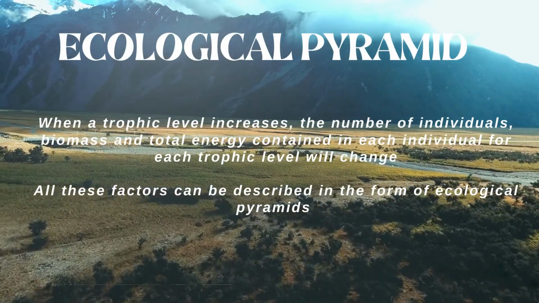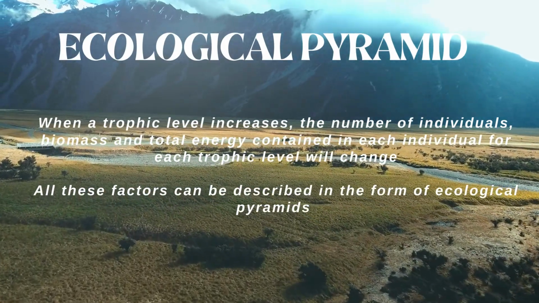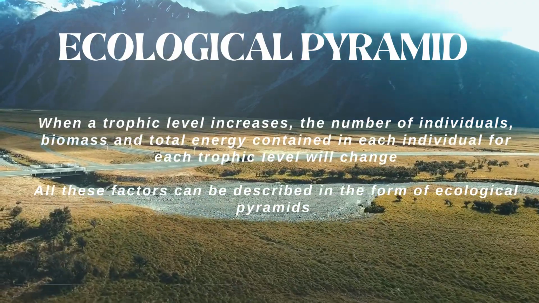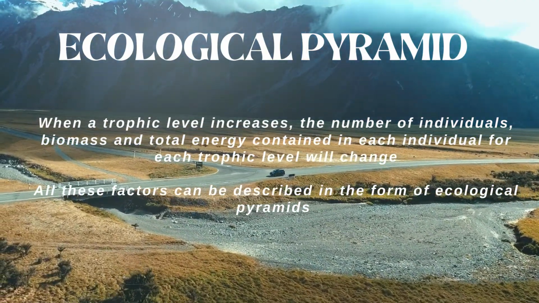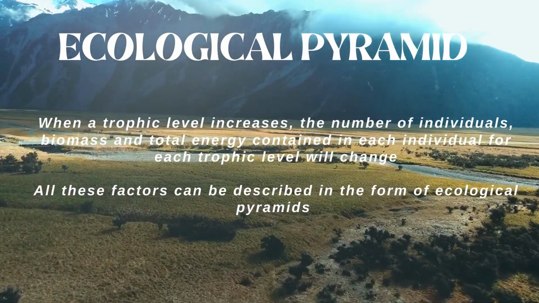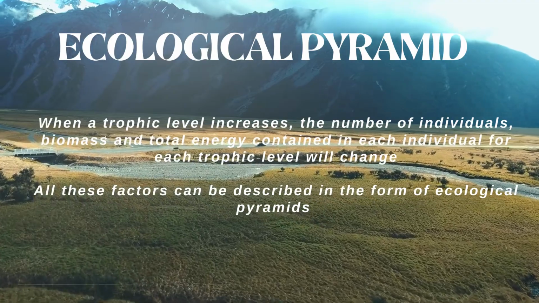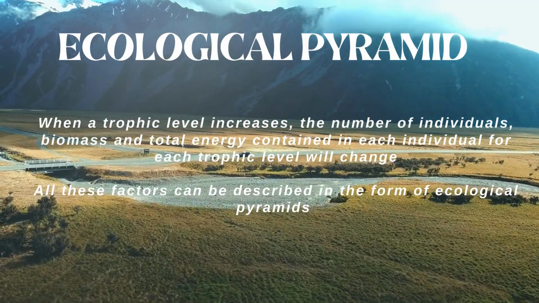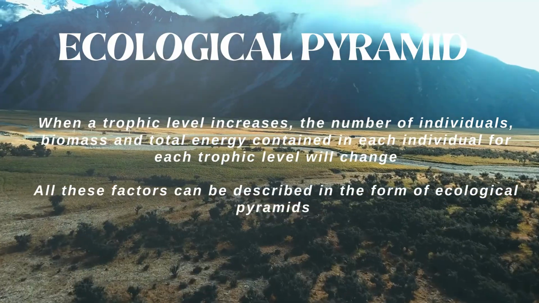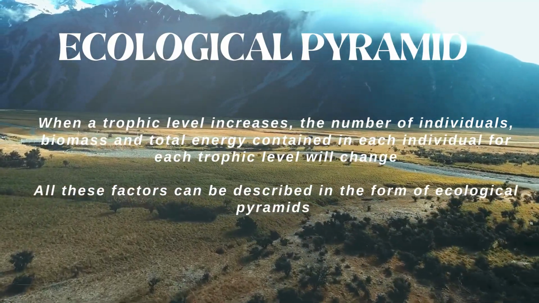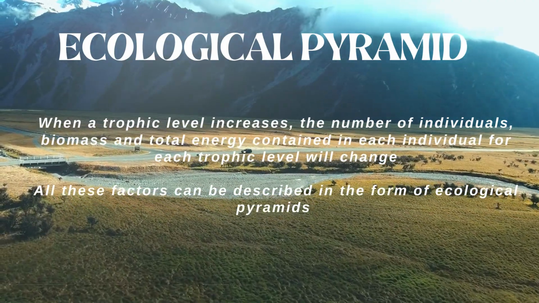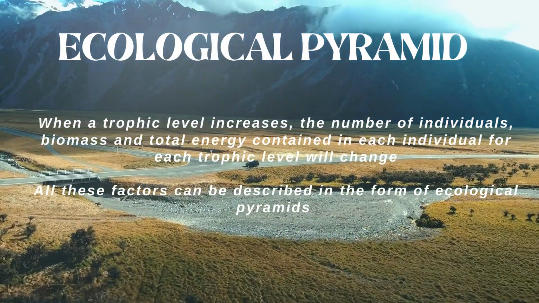Okay students, we have learned in previous lesson, food chains and food webs show the feeding relationships among organisms. Energy transfer occurs when an organism feeds on another organism, and in a feeding interaction, when a trophic level increases, the number of individuals, biomass, and total energy contained in each individual for each trophic level will change.